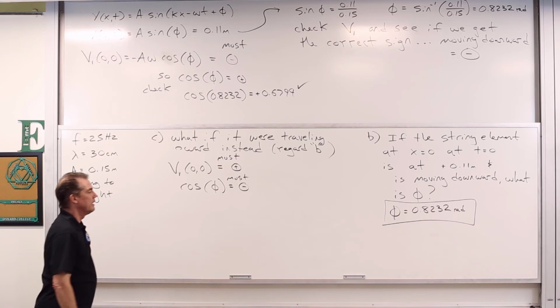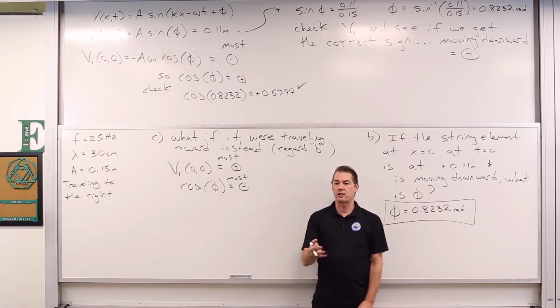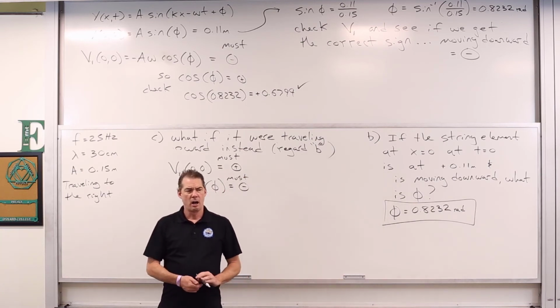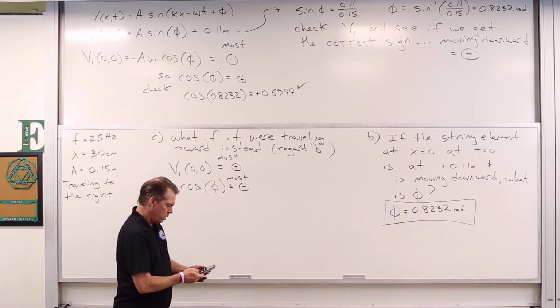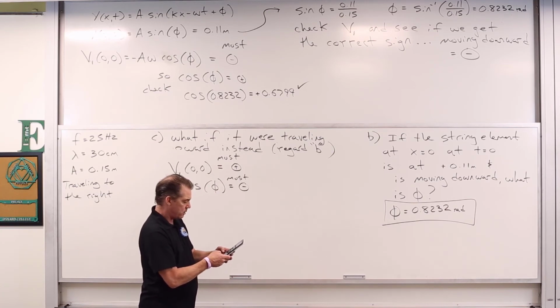So what's the other phi? And maybe you say, oh, well, it's got to be the negative of this, just like with the simple harmonic oscillator. Okay, let's check this out. Let's do the cosine of negative 0.8232.